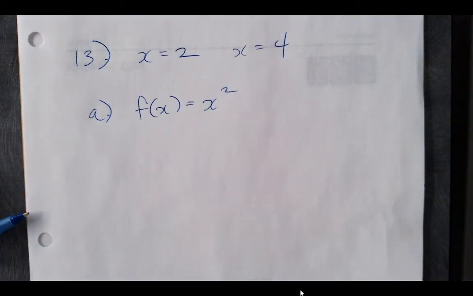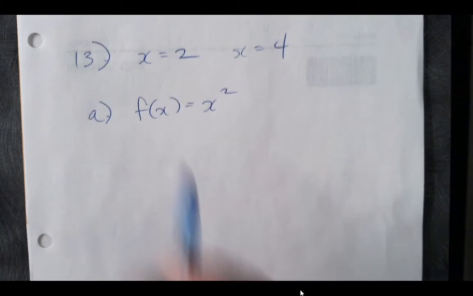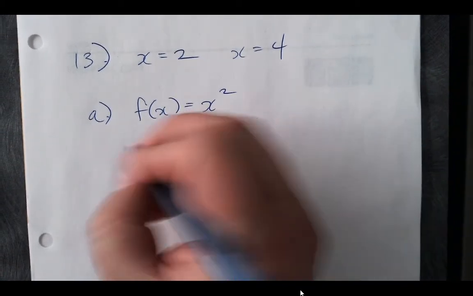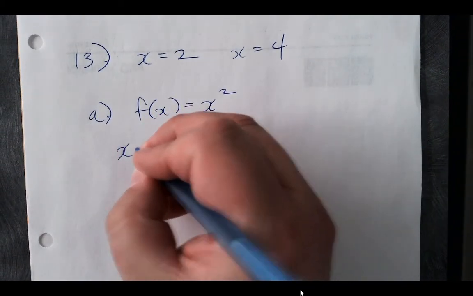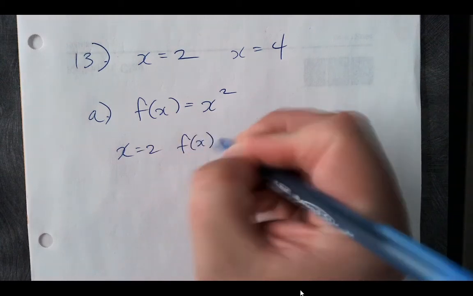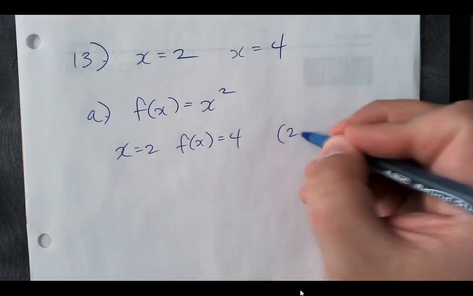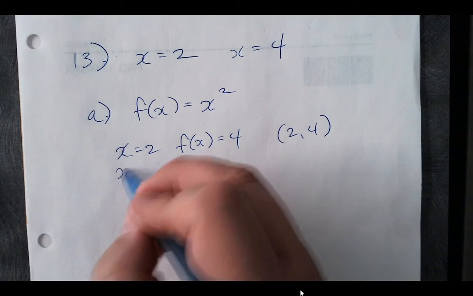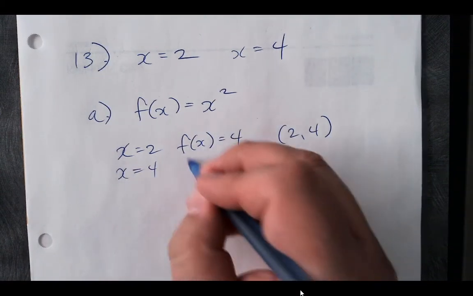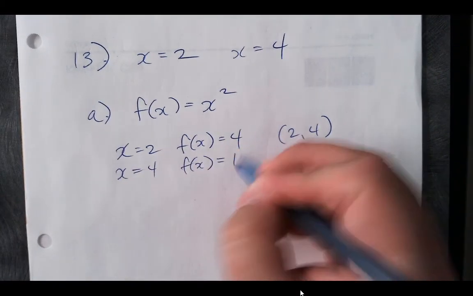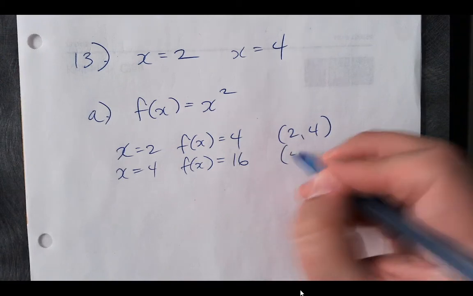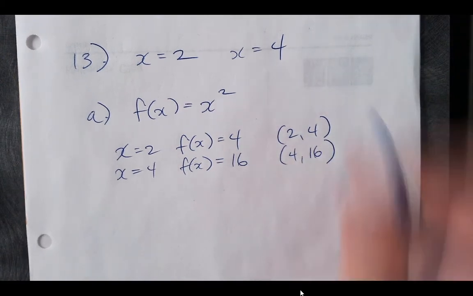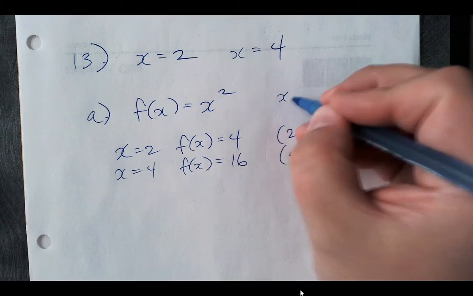Okay, let's go back to the paper. So if I was doing this without Desmos, of course I plug 2 into here and I get the point that when x is 2, f of x would equal 4, so I have the point 2, 4. When x is 4, plug 4 in and I get f of x is 16, so that's 4, 16. If you've never thought of it before, remember that all coordinate points can be thought of as x, y.